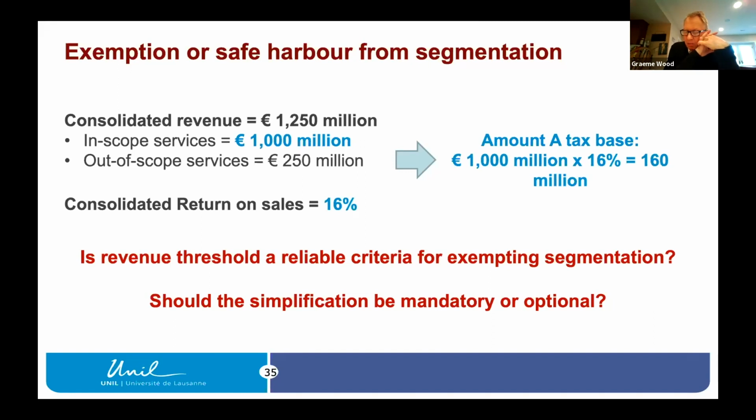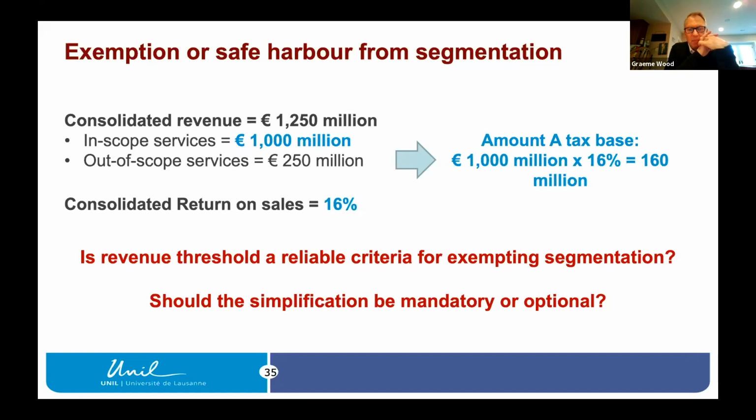I'm speaking from a perspective which is much more along your material distortion question, Norman. Without the facility for segmentation, where there are material distortions, you end up with an approach to Amount A which, from my perspective, would fail the economic rationale test.